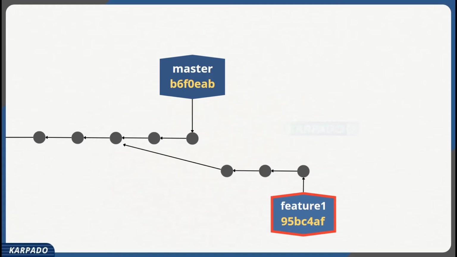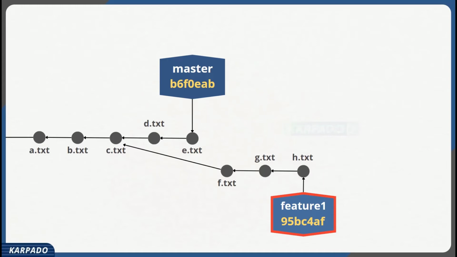Now a question to you. Imagine that I've added one file in each one of these commits. Now if I were to look at the working directory, what are all the files you're going to see? Can you guess? Well, every time you switch to a branch, Git will rewrite the working directory to look like what it looked like when you made the most recent commit on that branch that you just switched to.